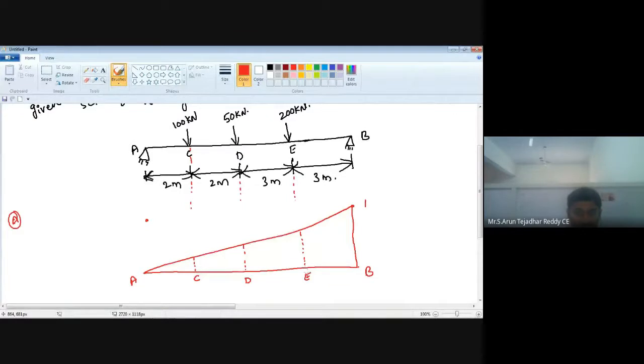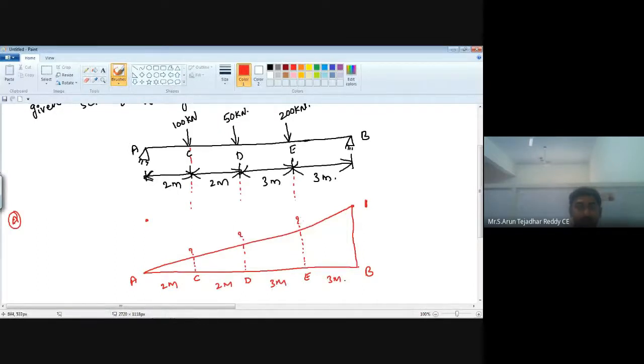Now here the maximum intensity is 1. But what about in this point? These are 2 meter, 2 meter, 3 meter, 3 meter.